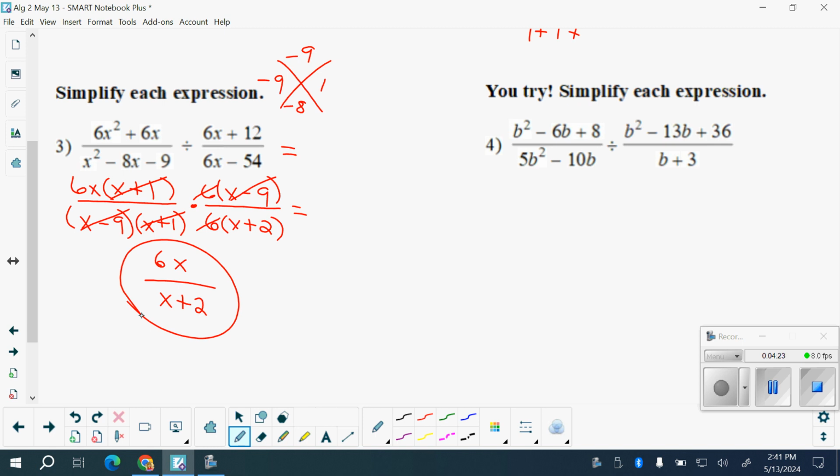I want you to do number 4 on your own to try. Looking at it closer. You got it done. Yeah, good job. So on the top there, when it's a trinomial, 3 terms, that's when you're going to do your x.